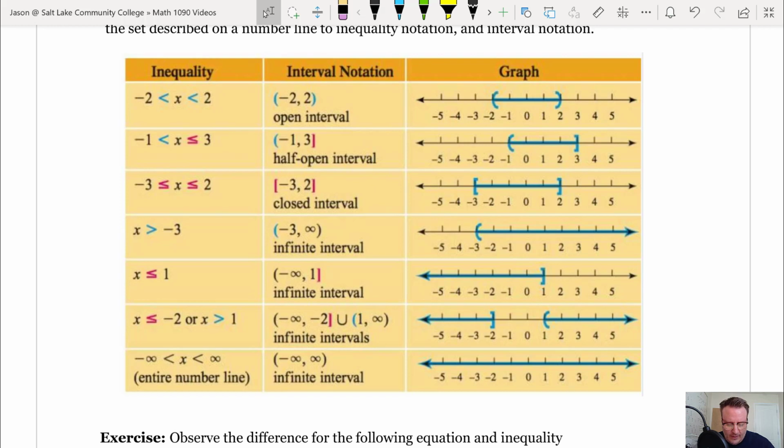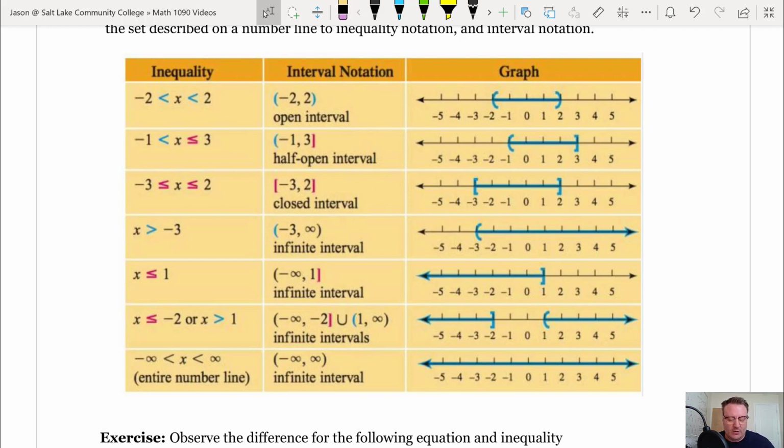The blue symbols all refer to what we call strict inequality. In this first inequality we have -2 is less than x is less than 2. What this represents is all the points between -2 and 2, but we don't want to include -2 and 2.